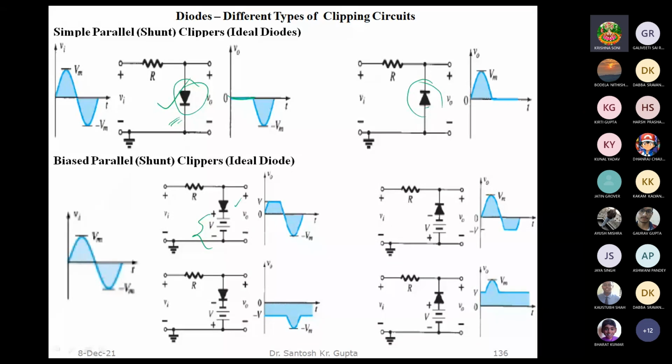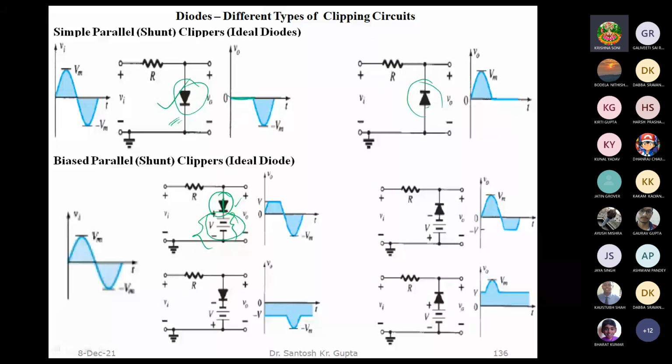If the diode is on, we will have an output voltage that is now not zero. When we have this additional voltage source, the diode will be on, it will be a short circuit, but the voltage source is not getting short circuited. So the DC voltage will now appear at the output.